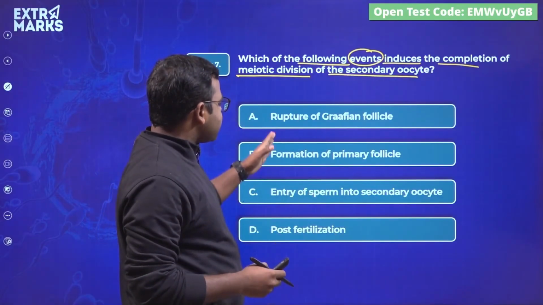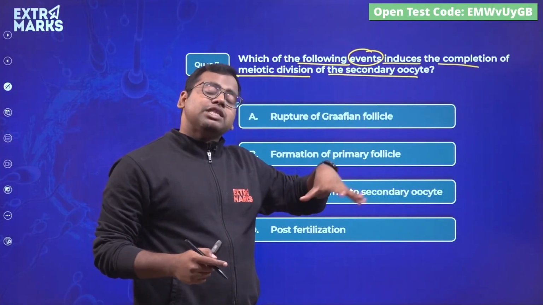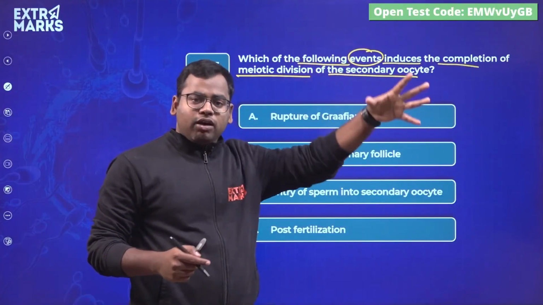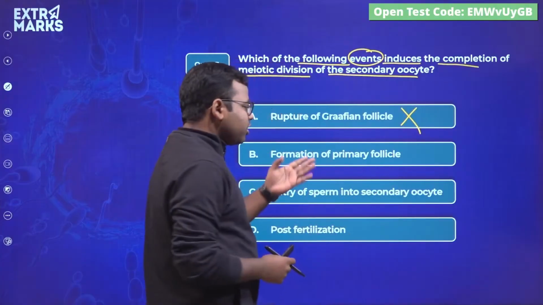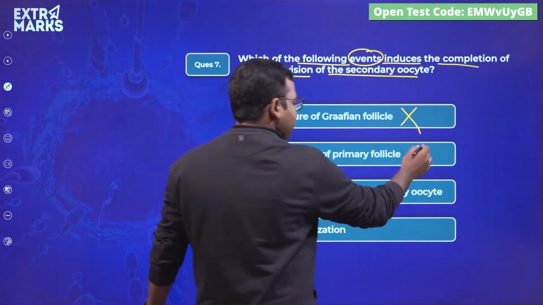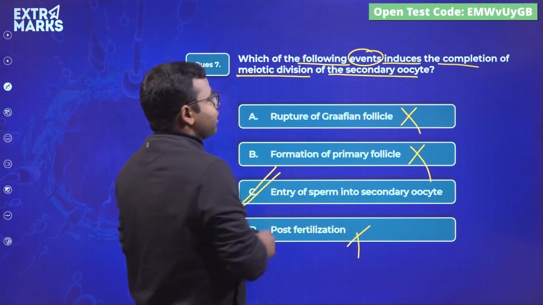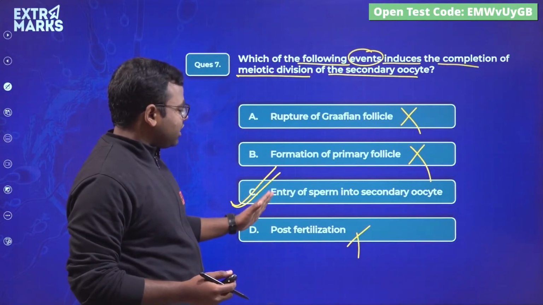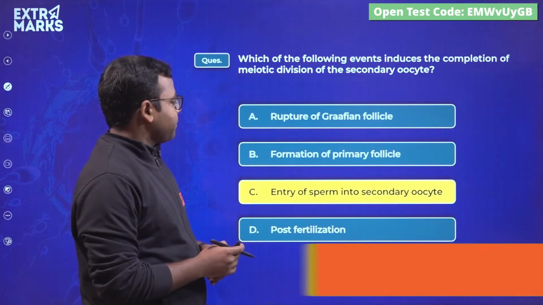And here in options you can see rupture of Graafian follicle, no. Rupture of Graafian follicle happens when the LH, luteinizing hormone, is at the 14th or 15th day of the month. So this cannot be the answer. Formation of primary follicle, not at all. Post-fertilization, no. Only the completion of meiotic division basically happens when the sperm enters into secondary oocyte. So correct answer will be option C.